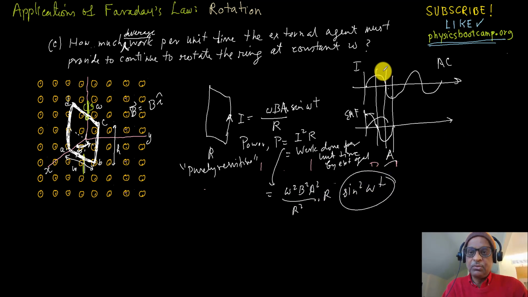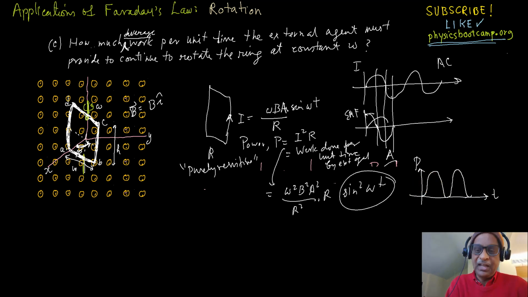So this actually depends on where I am in the cycle. If you look at power, it starts like this. It varies with time, and we can do a time average.